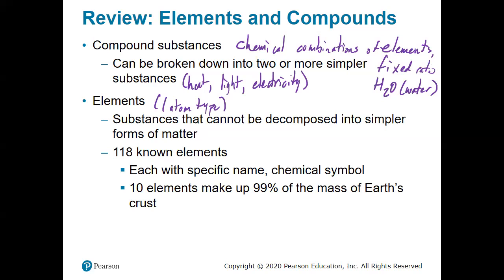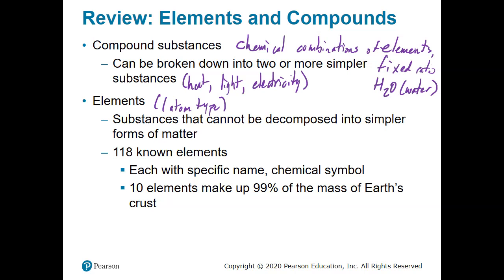Now on that periodic table, there are 118 known elements. Each of those elements is given a specific name as well as an elemental symbol. That symbol represents that element in chemical equations. But despite this, only 10 elements are actually responsible for 99% of the Earth's mass in terms of the Earth's crust.